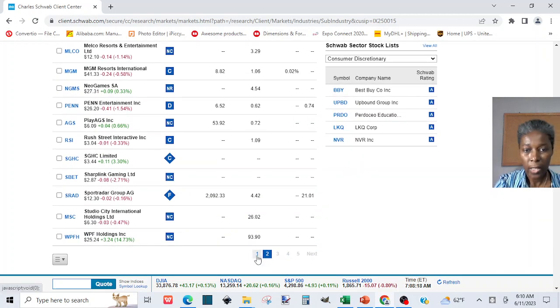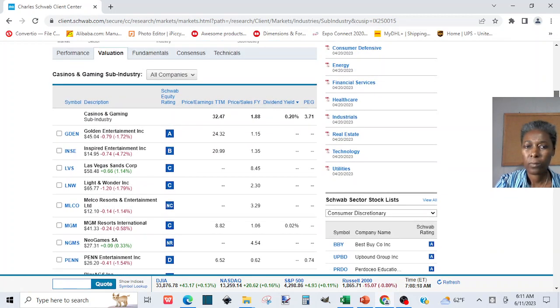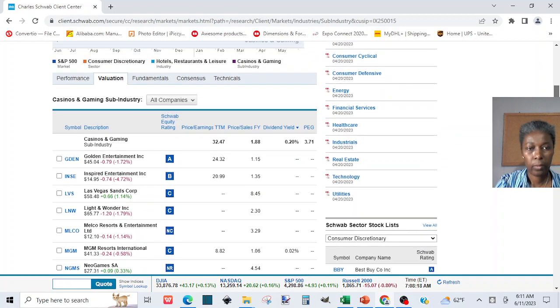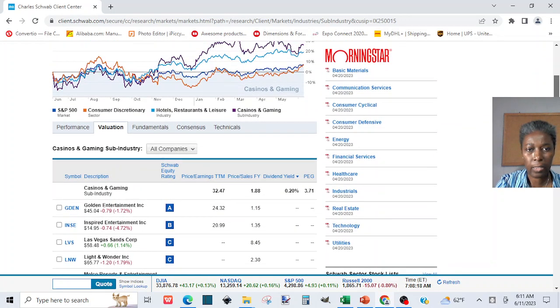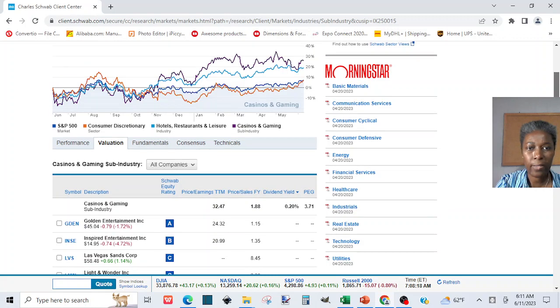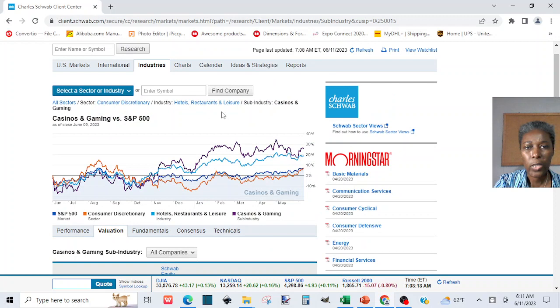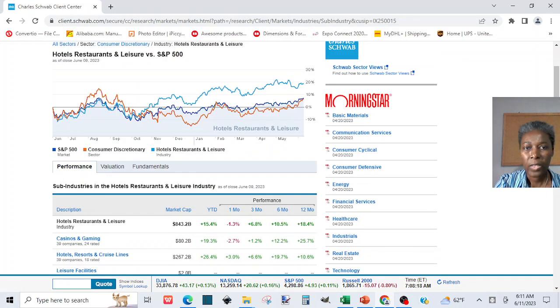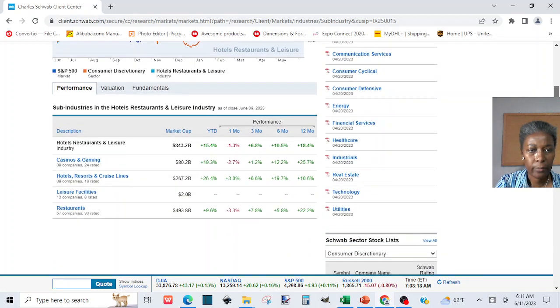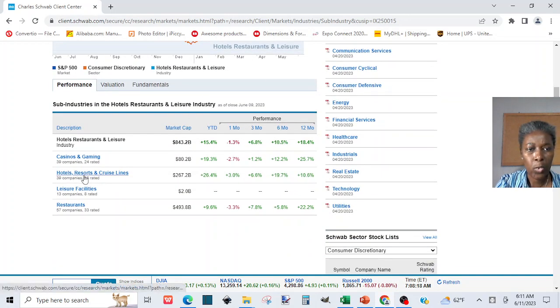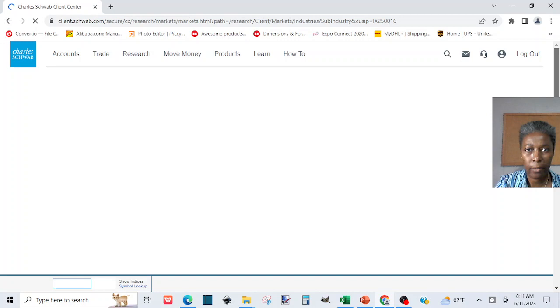So that's why I tend to be cautious when I'm investing in international companies. That's just the reason. So now that we found one in this sector, we will go back to the sub-industry and we'll click on hotel, resort, and cruise lines sub-industry to see the companies that they have out there.